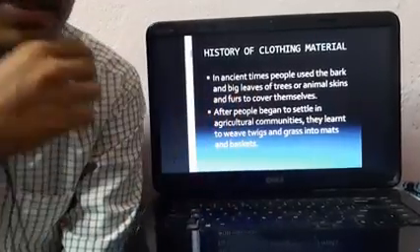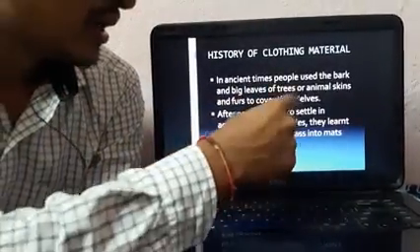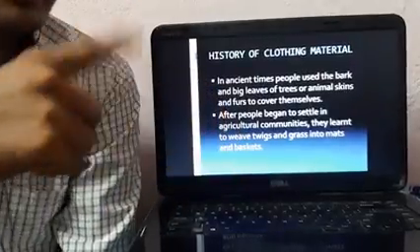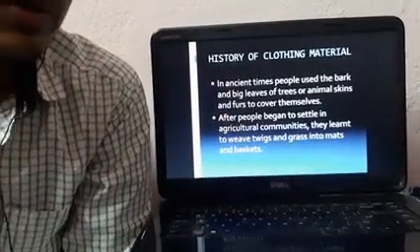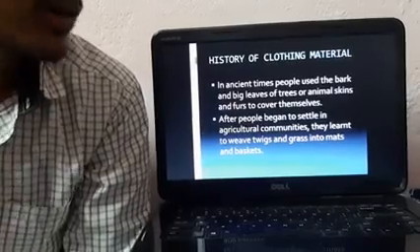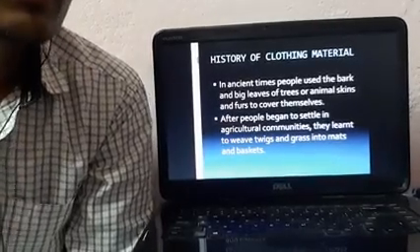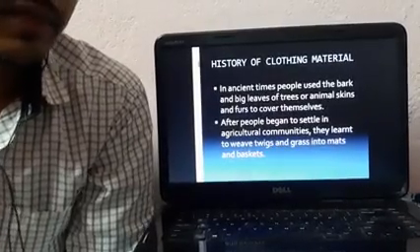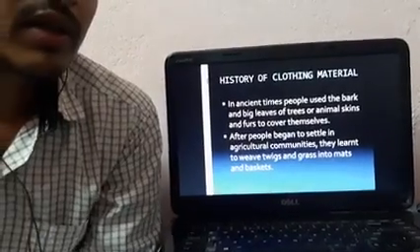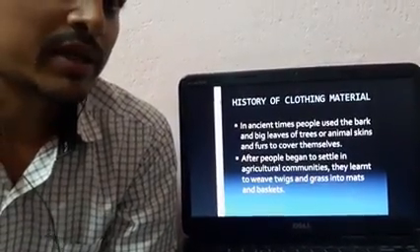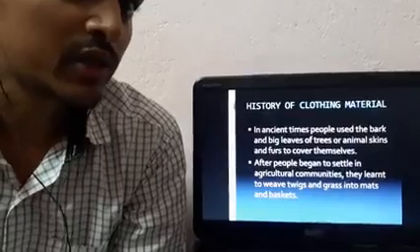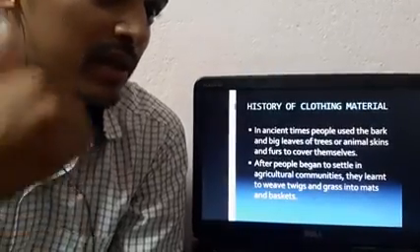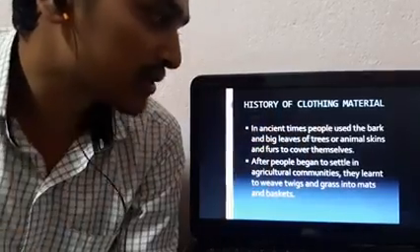You all know that bark is the outer skin of the trees. We all know that clothing is important for our body to protect from cold weather or hot weather. Means before the climate, it needs to be protected, so we need to wear clothes. But they initiated by using this kind of materials.